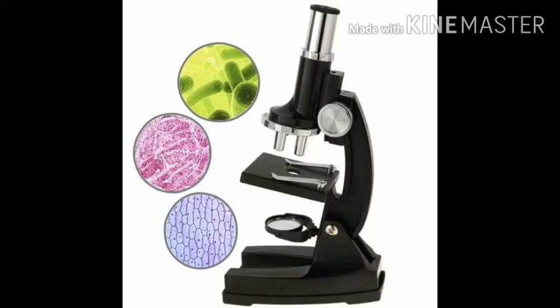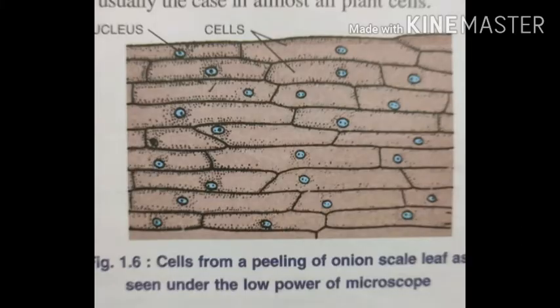Now let us start. Suppose we have prepared 2 or 3 temporary slides. For onion peels, you take a piece of onion, and with the help of forceps you remove some scale over the onion, that is called onion peel.